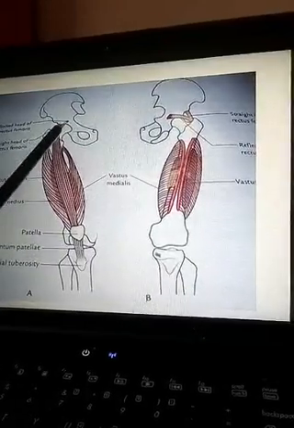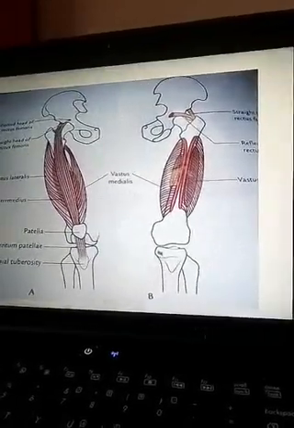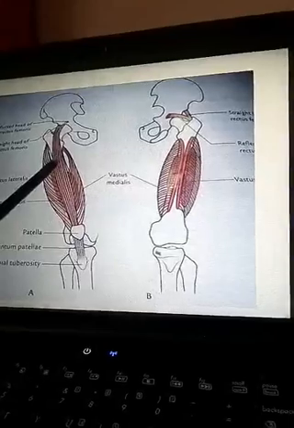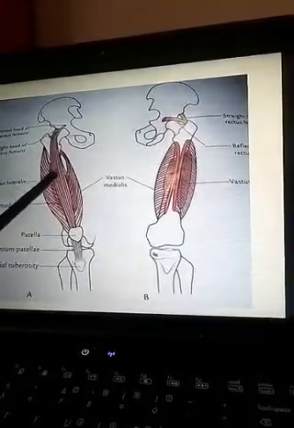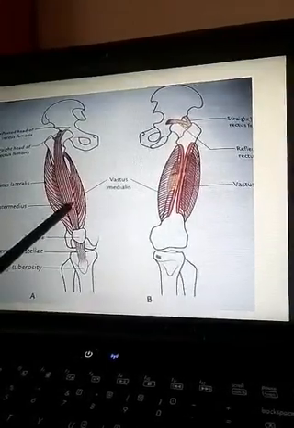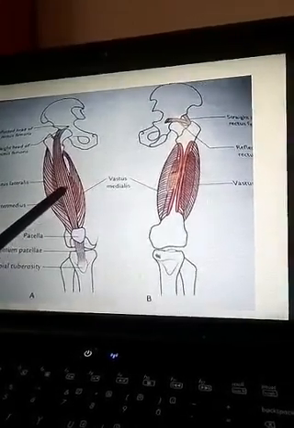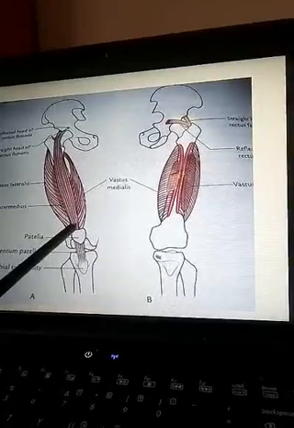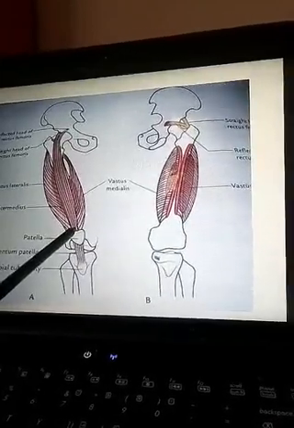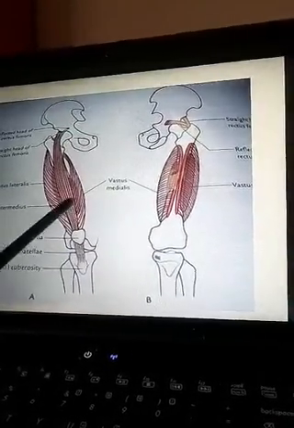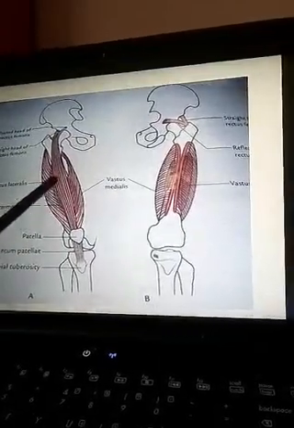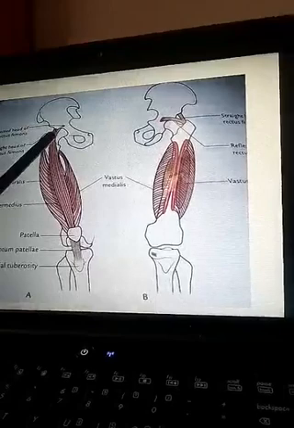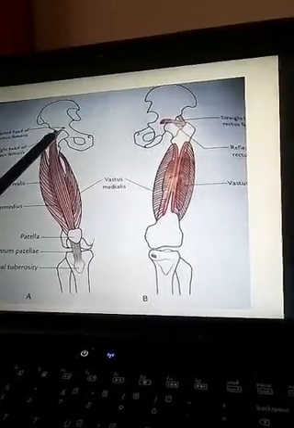Now first we will discuss rectus femoris. It is a straight, long muscle with fusiform bipinnate belly in the upper two-third and the flat tendon in the lower one-third. Rectus means straight. It arises from the ilium by the two heads.